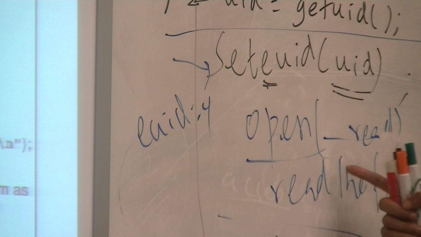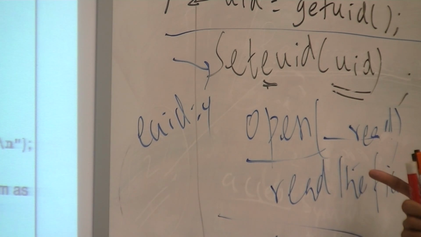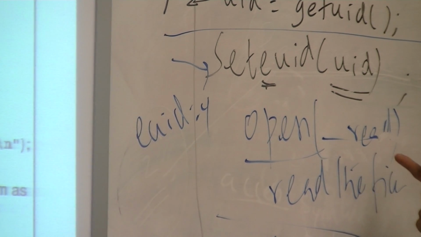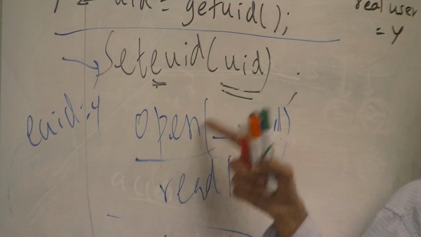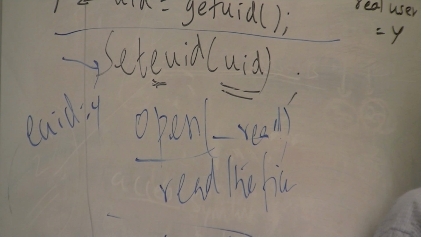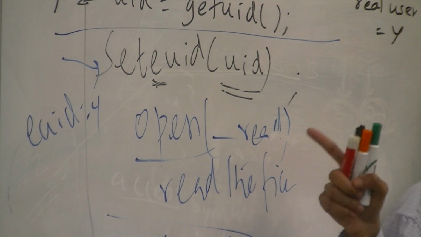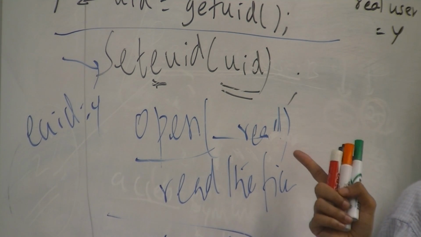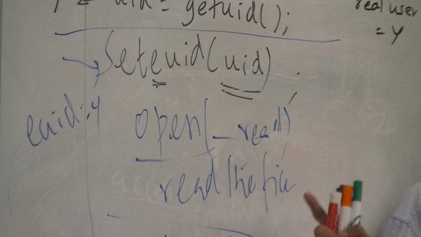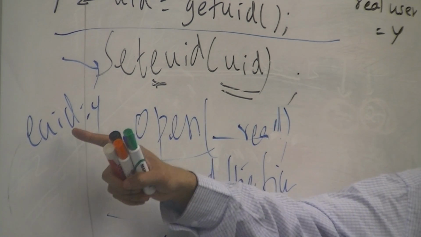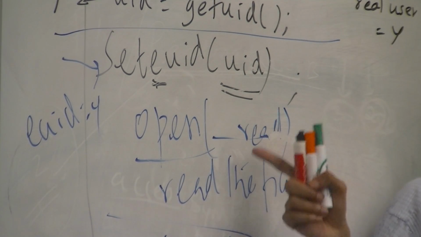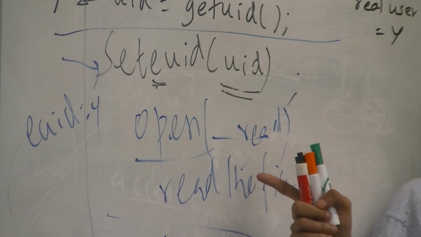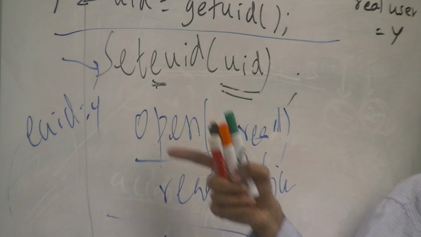So the only way you can open and read the file with the right permissions is if the open function checks whether the real user ID has the read permission. But since the open function checks based on the effective user ID, the only way to solve this problem is to bring down the privileges, making the effective user ID the real user ID.